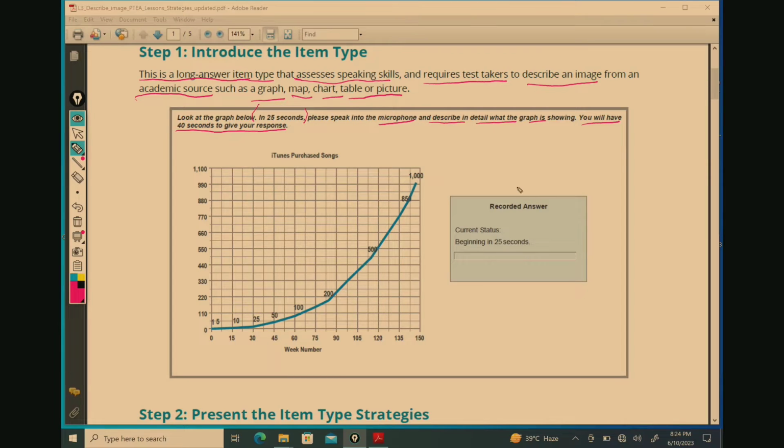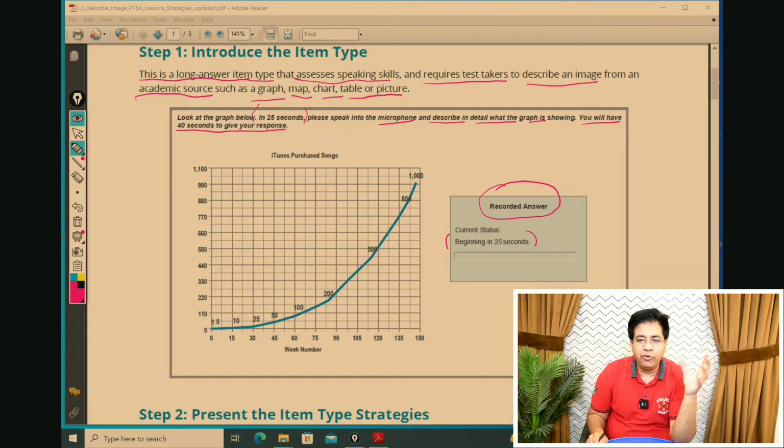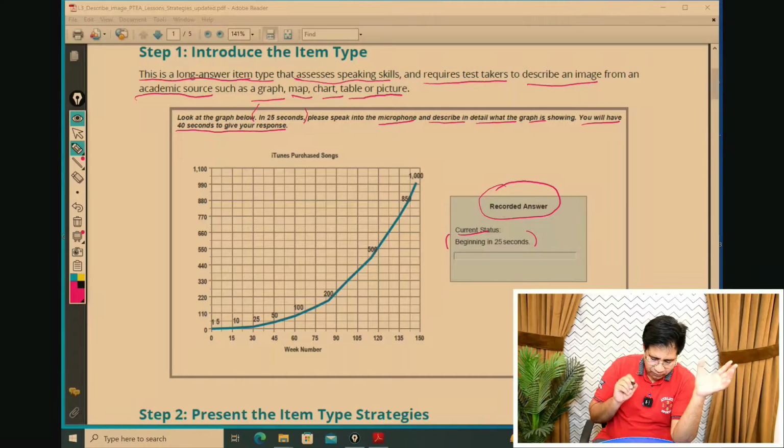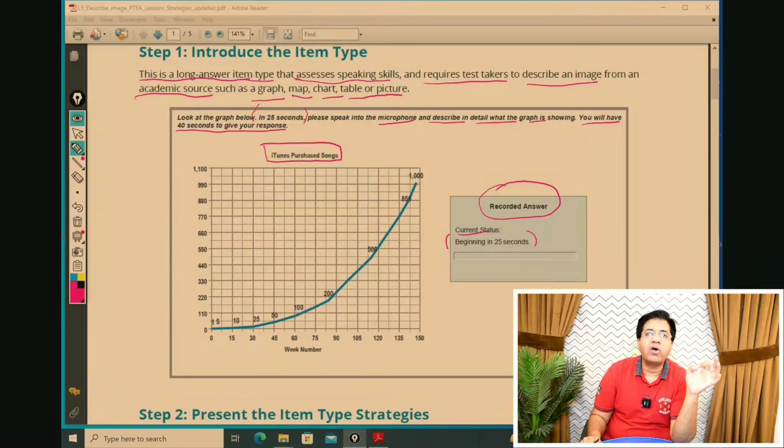As I mentioned before, they'll give you some time. So the recorded answer will go here, and you will have a timer here beginning in 25 seconds, 24, 23, and all that. Okay, that's the current status. Now, what you have to do, first of all, you need to see what it is about. They've mentioned iTunes purchased songs. Now, songs which were purchased on iTunes, right?